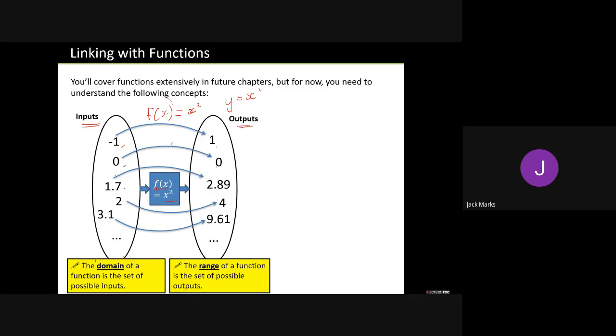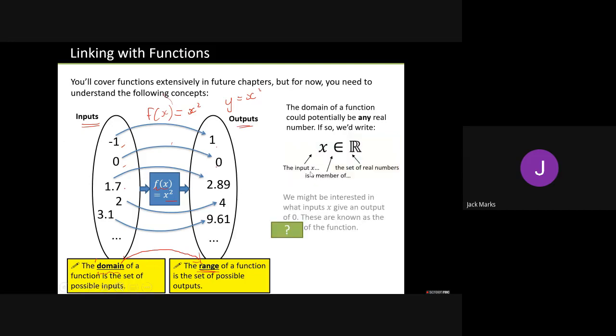Or if we're dealing with a question with regular numbers, such as this, we might be told that you're only allowed to use certain values. So domain means all the values you can put in, the x values, in other words. Y values that can come out of a function, we call this the range. If you want to know what your range is, you can see that it would be quite important to know what your domain is.